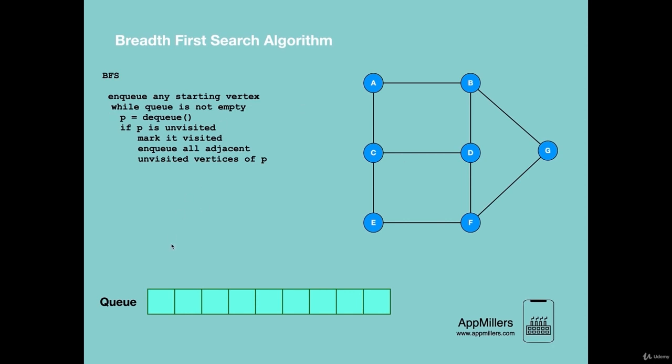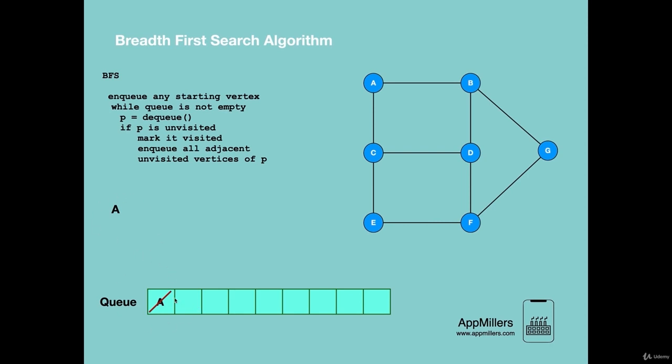Now let's see how this is working in practice. As a first step, if we start from A, we will enqueue A to this queue over here. Now we continue to the next line. It says that while the queue is not empty, we dequeue an element. We see that the queue is not empty, so we have one element over here. If we dequeue it, A will come out like this.